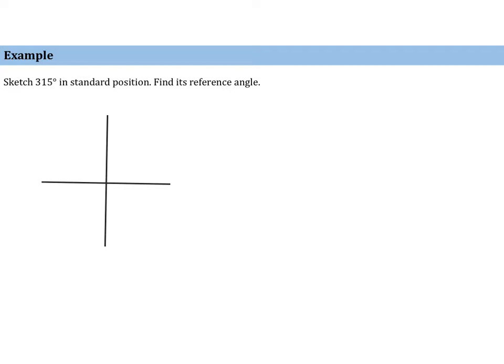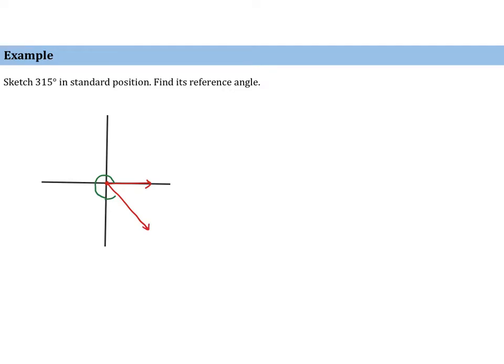So to find a reference angle, at first we're going to just go ahead and sketch this angle. So 315 degrees, there's 270 degrees, and 270 degrees will land us, if we go beyond that, into the fourth quadrant.